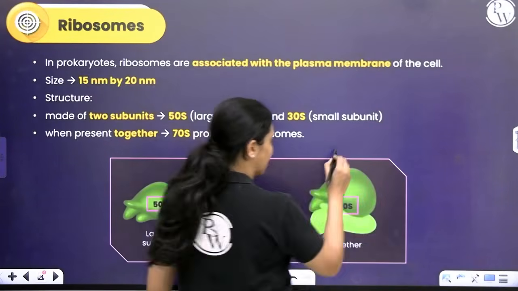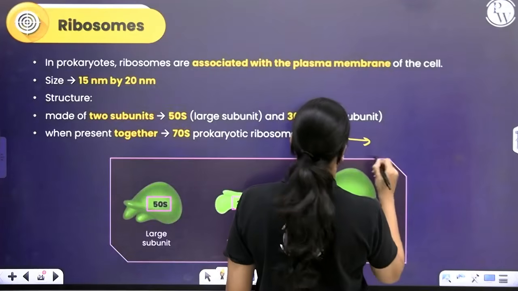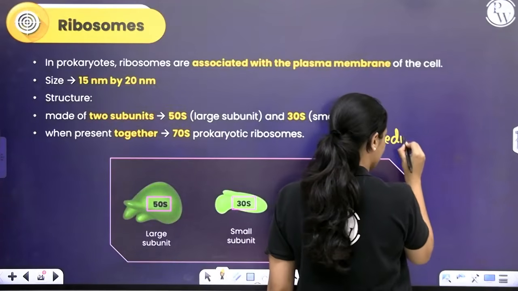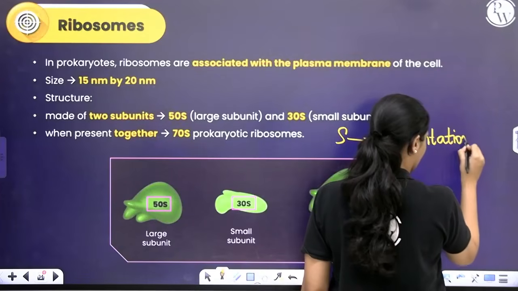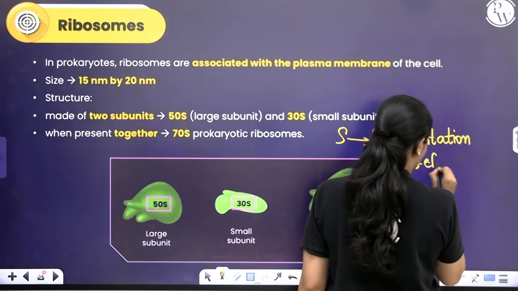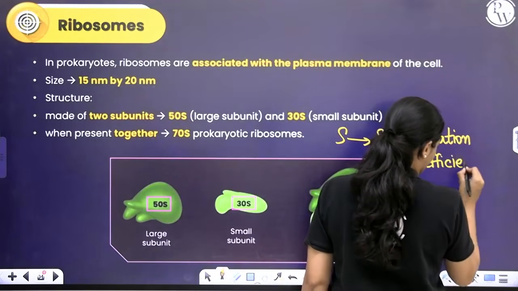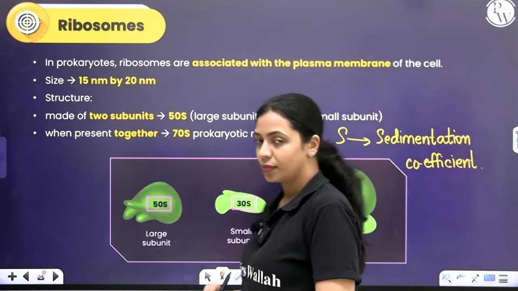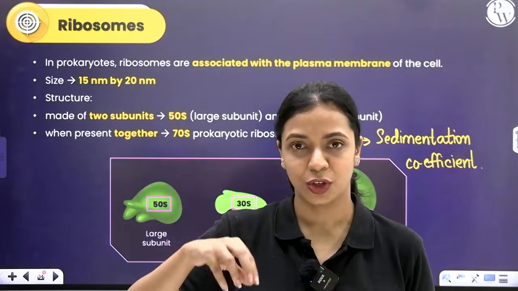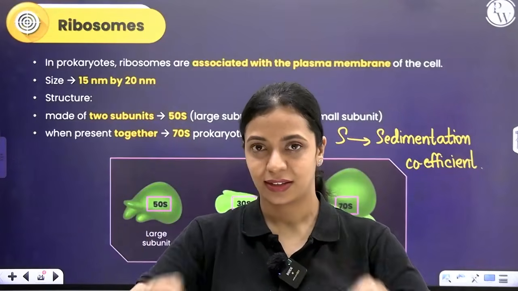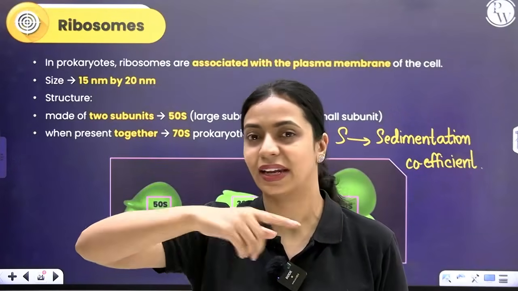Basically, the S here represents sedimentation coefficient. What we do here is you take the ribosomes, put them inside a centrifuge tube, keep the tube inside the centrifuge instrument and spin it at very high speeds.